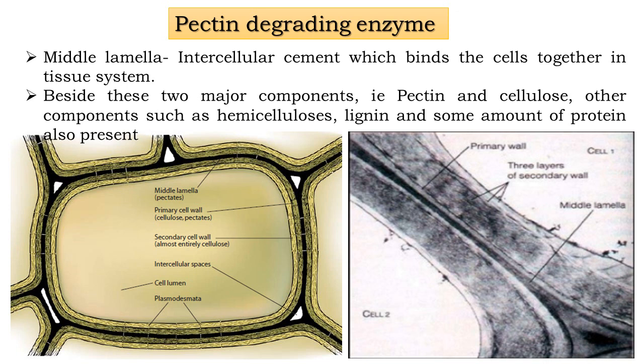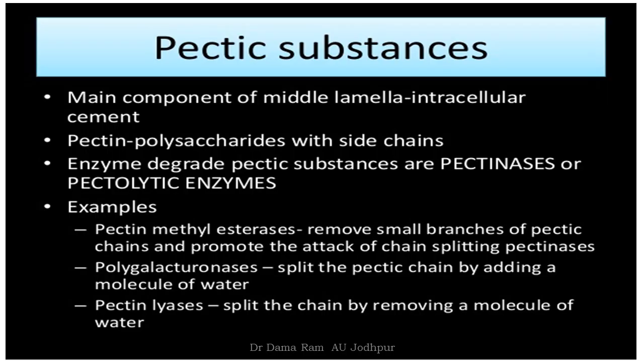So many pathogenic fungi produce pectinase enzyme during the process of infection, and pectin-degrading enzymes like pectinase are chiefly involved in soft-rotting fungi.